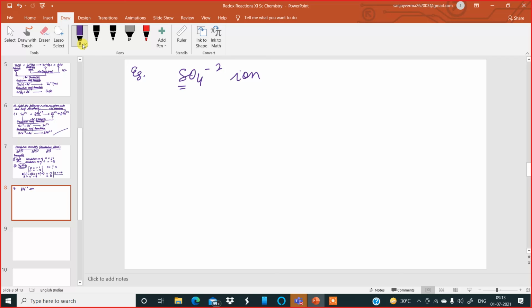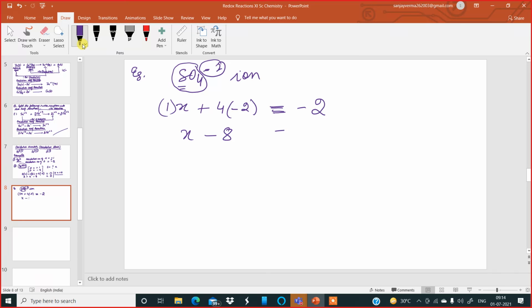Let it be X. One atom of sulfur, 1 into X, plus 4 atoms of oxygen, 4 into minus 2, because the oxidation number of oxygen is minus 2. This is equal to the overall charge carried by the sulfate ion, which is minus 2. So 1x minus 8 is equal to minus 2, so x will be minus 2 plus 8, that is plus 6.